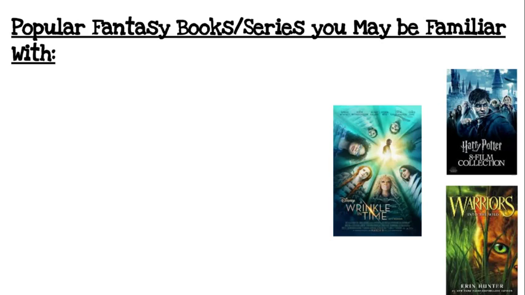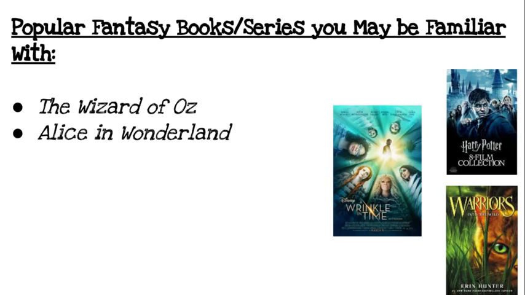The last thing I want to talk about is some popular fantasy books or series. Some of these are even movies that you might be familiar with. So you might have even read some fantasy books and not realized before that you were reading the fantasy genre. A really popular one that I'm sure you're all familiar with is The Wizard of Oz. Alice in Wonderland. A lot of curious and supernatural things happen in that book and that movie.